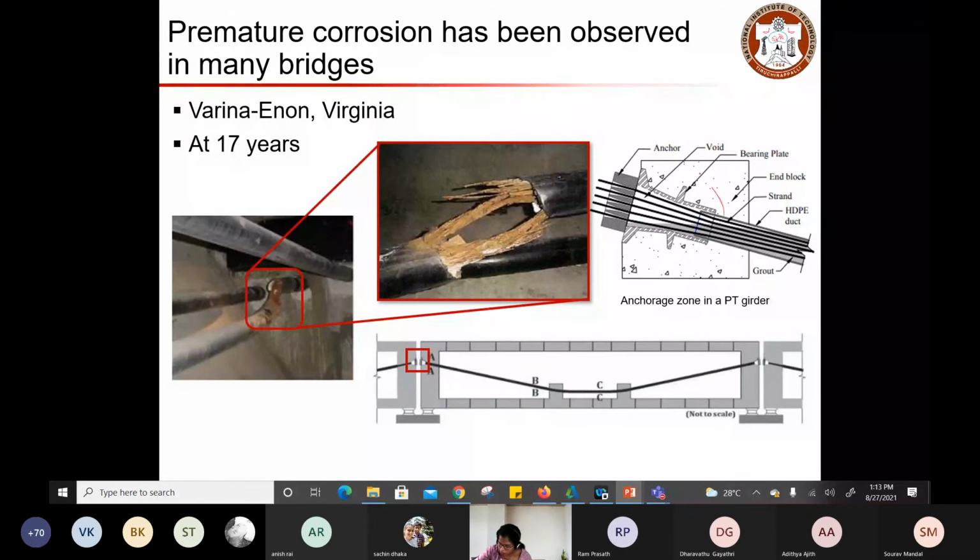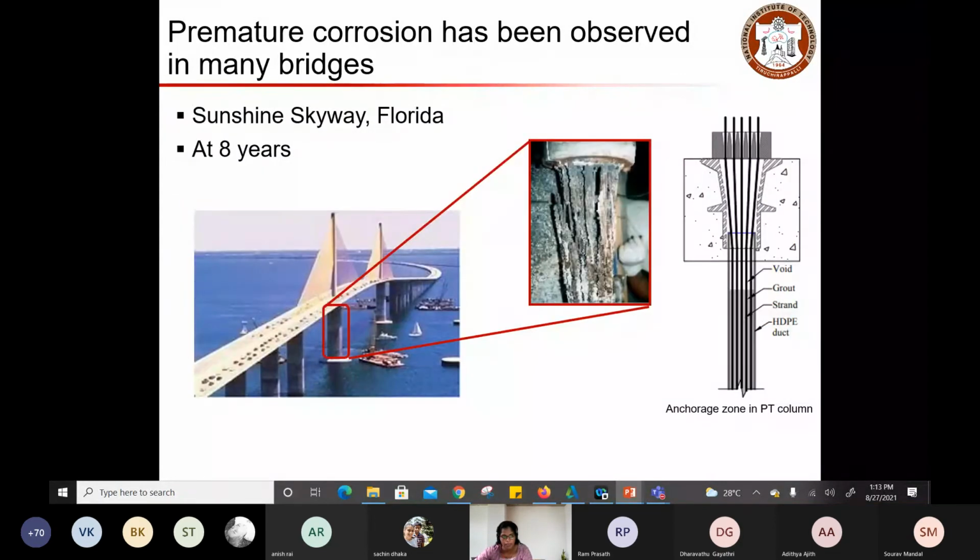You can see a lot of voids at the ends because the grouting was not done properly in the anchorage zone. That could lead to the initiation of corrosion, and over time it failed. This pier failed at 8 years because the end region was not grouted completely and there are a lot of voids at the ends.